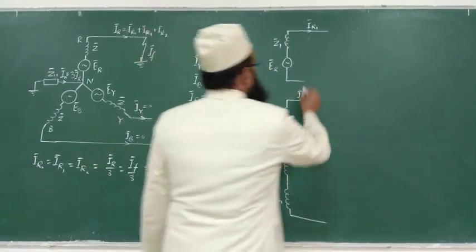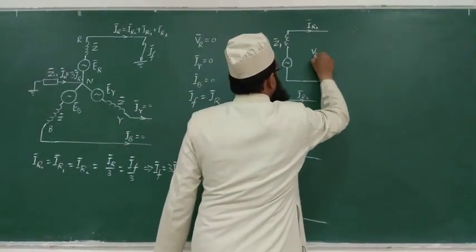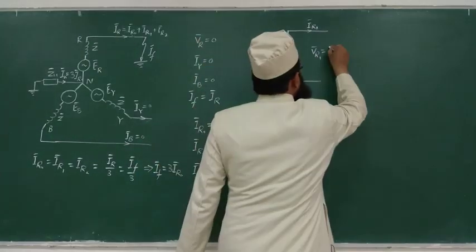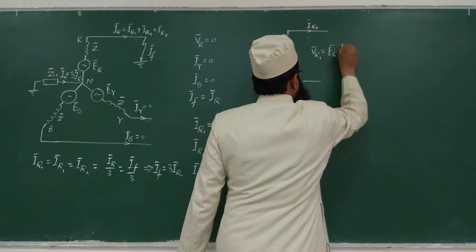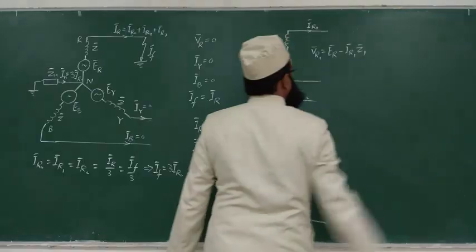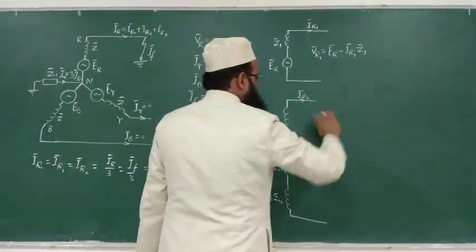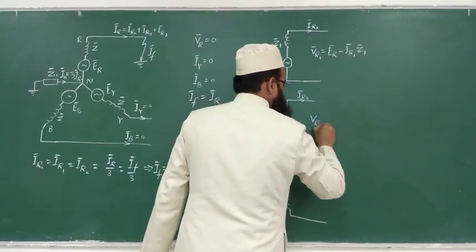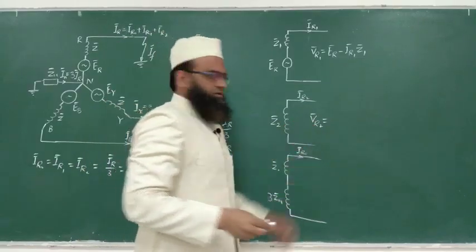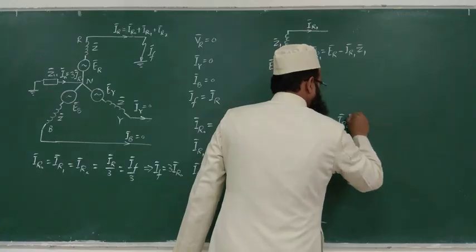So these are reference buses. Write the corresponding terminal drops. So here we will write VR1 will be equal to, apply KVL, ER minus IR1 Z1. Similarly, write this drop known as VR2 will be equal to 0 minus, so directly write minus IR2 Z2.